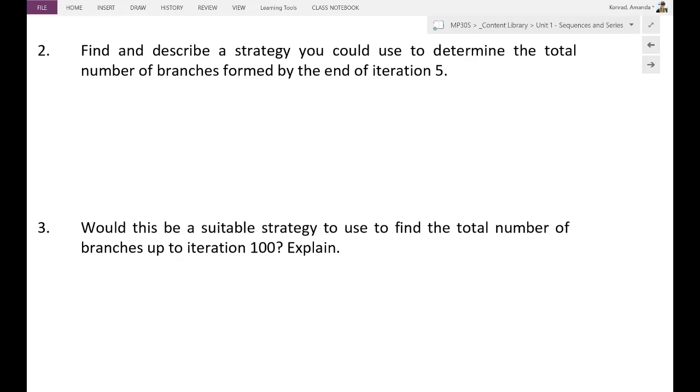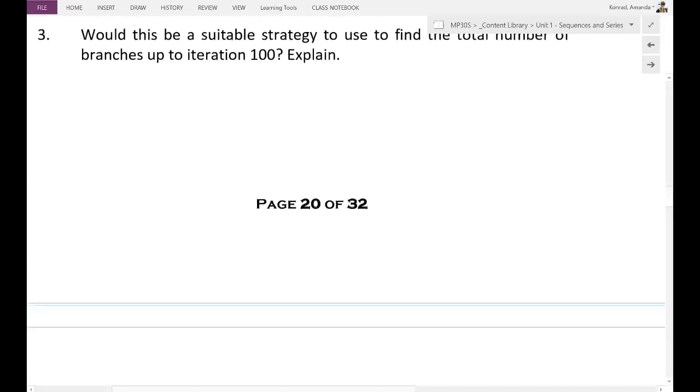Adding these 5 iterations is entirely practical, but as question number 3 suggests, adding up to the first 100 iterations might be a little insane. So instead, we need an equation.